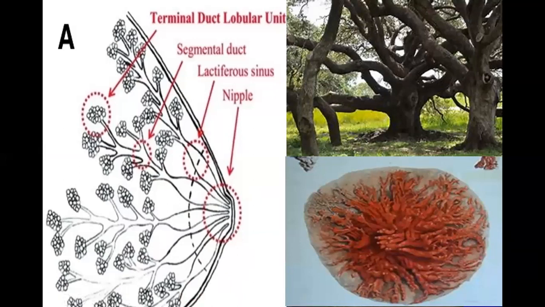Okay, and as you know, we have about 15 to 20 lactiferous ducts. So these trees represent multiple lactiferous ducts and their branchings. And look at the branches, this branch coming in that direction, and this, there is a lot of overlapping.